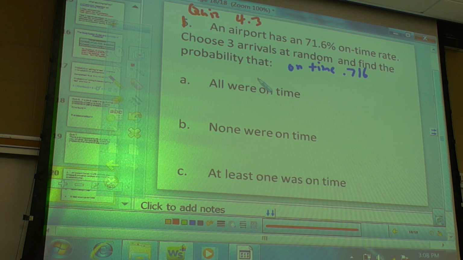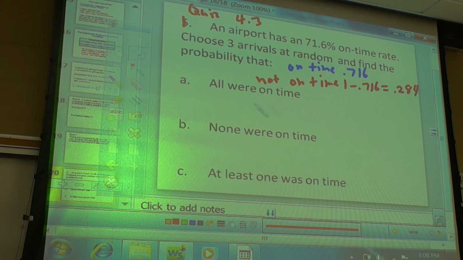So then, not on time would be, well, 1 minus that, right? 1 minus 0.716 is 0.284. Are we all good with that part?